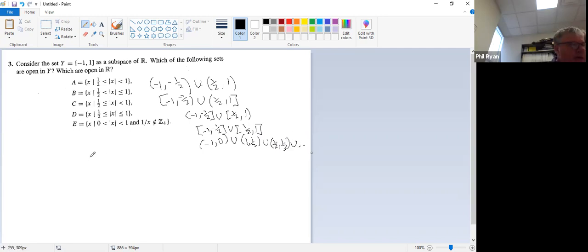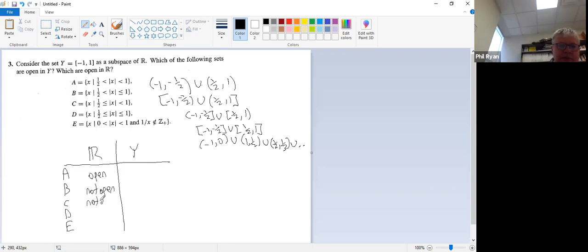And so then if we look at R and Y, A, B, C, D, E, make ourselves a little table like this. We see that A is open, B is not open, C is not open, D is not open, and E is open.